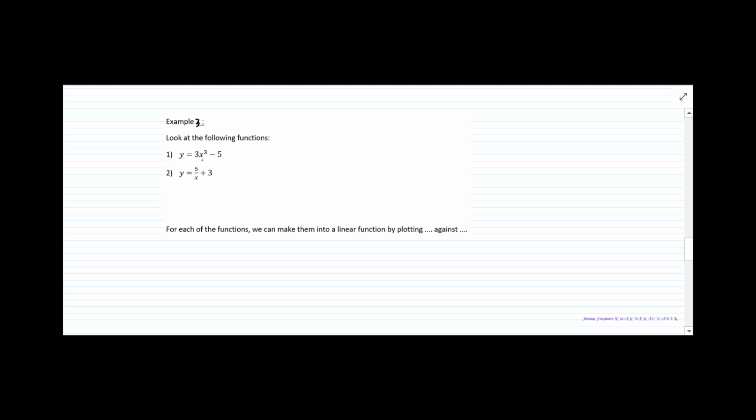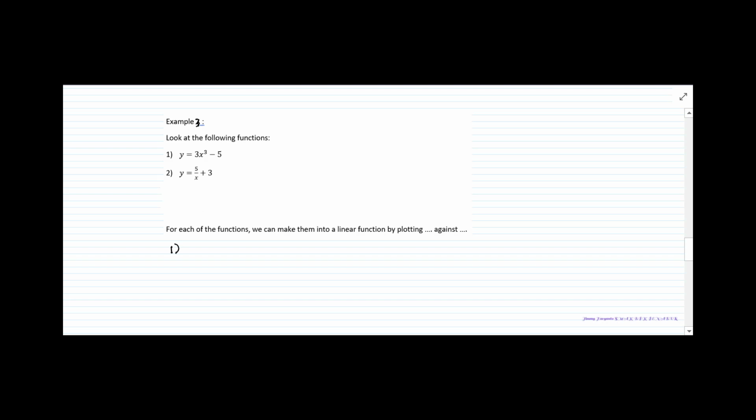Okay, look at example number 3. The following function, number 1, y equals 3x cubed minus 5. For each of the functions, we can make them into a linear function by plotting blah blah against blah blah. See? You have to predict what you have to plot against what to make it linear.